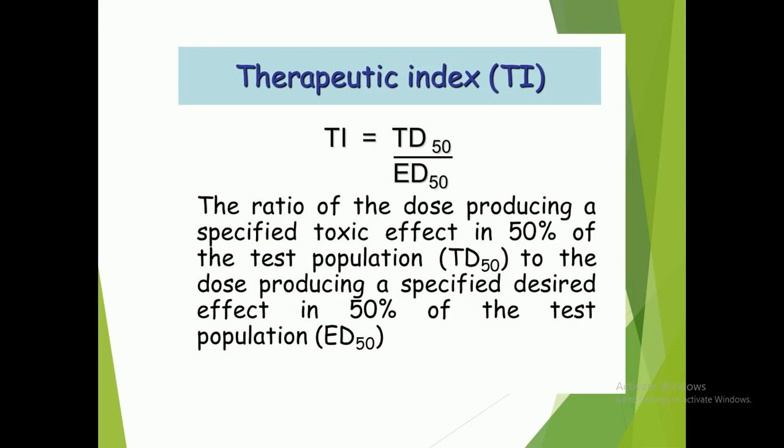The therapeutic index is the ratio between TD50, the toxic dose, divided by the effective dose, ED50. It is the ratio of the dose producing a specified toxic effect in 50% of the test population, TD50, to the dose producing a specified desired effect in 50% of the test population, ED50.